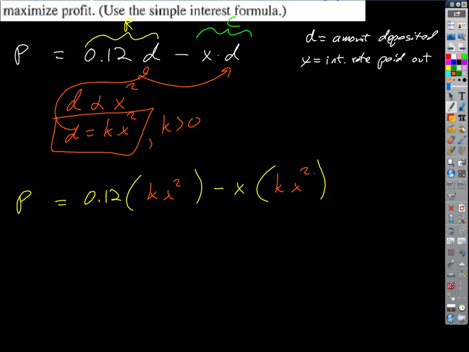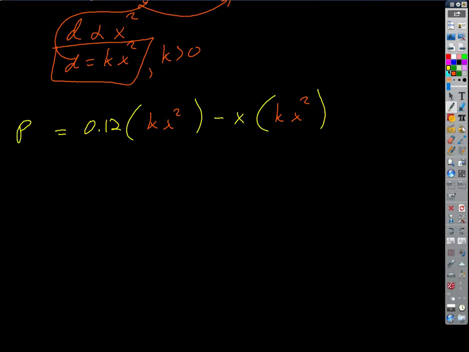If we simplify that, that's going to give us 0.12k x squared minus k x cubed. So now how many unknowns are there? How many independent variables? One. So we got what we wanted. Now we've got our primary equation as a function of a single variable.